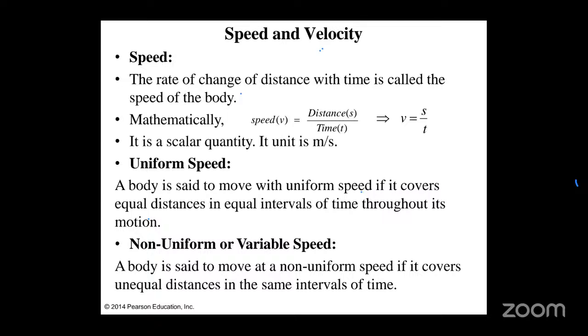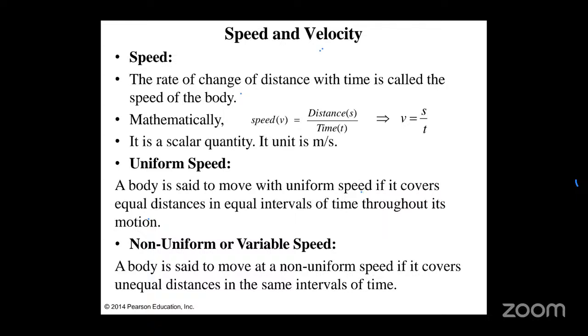So the rate of change of distance with time is called the speed of the body. Mathematically, it is distance over time. The unit of distance is meters, the unit of time is second. So the unit of speed becomes meter per second.